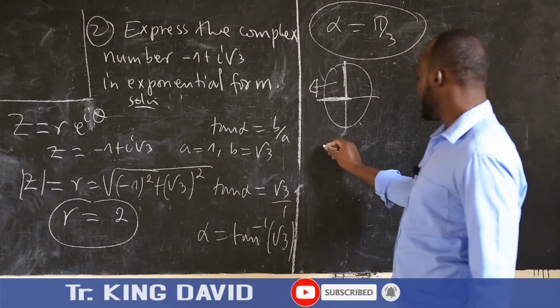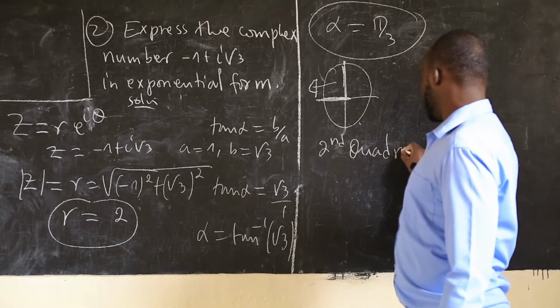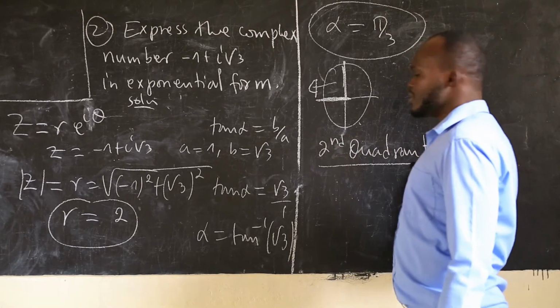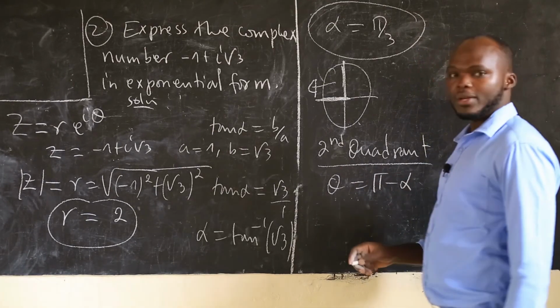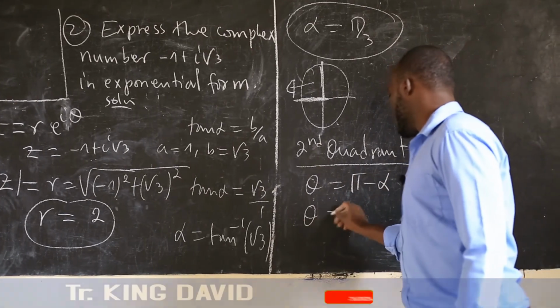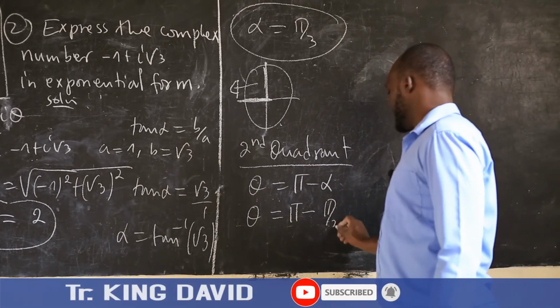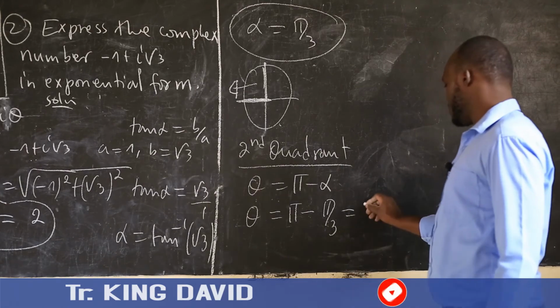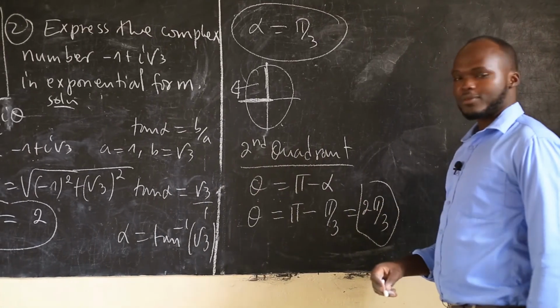In the second quadrant, we know that the angle is equal to pi minus alpha. Which means that our angle will be pi minus pi over 3. So the answer will be 2 pi over 3. So this is our argument.